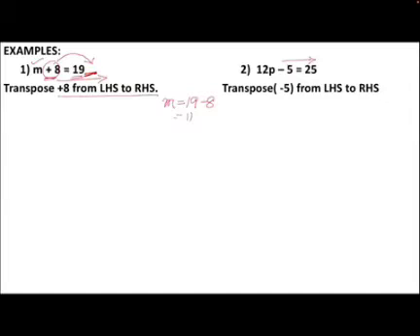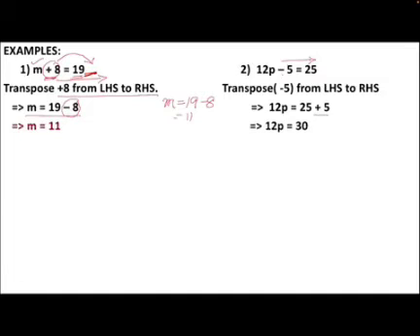Okay, let us see. So here you can see m equals 19 minus 8 because 8 shifted to RHS and became negative 8. Here you can see minus 5 shifted to RHS and became plus 5. So 12p becomes 30.